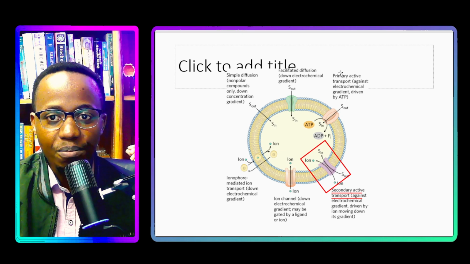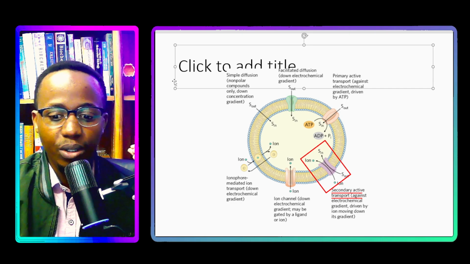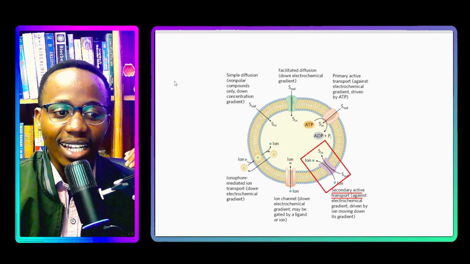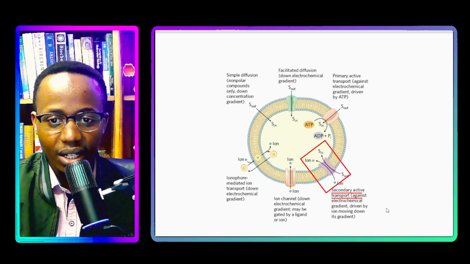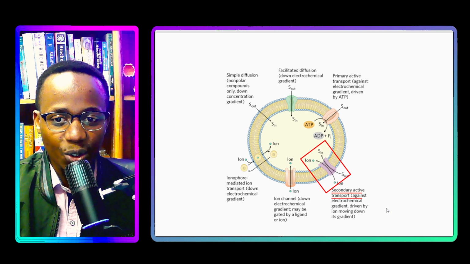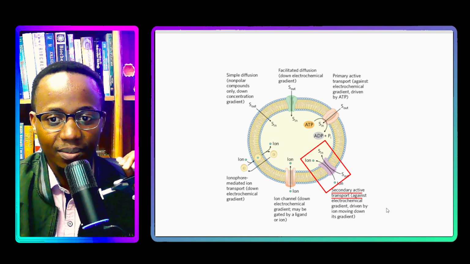So on top of primary transport, we get secondary transport. Primary active transport, then secondary active transport. How does this work? It's active, so it's also working against the electrochemical gradient, right?